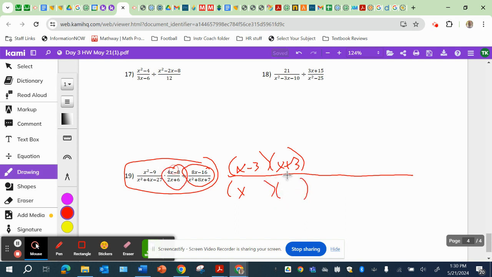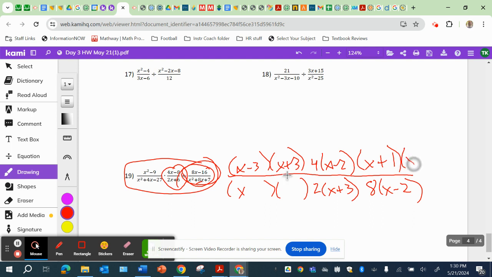Anytime you can take something out, it's going to make it easier to see. This one we have to flip, so the 8 times x minus 2 goes down here, and the x plus 1, x plus 7 goes up here, and then you can cancel things out.